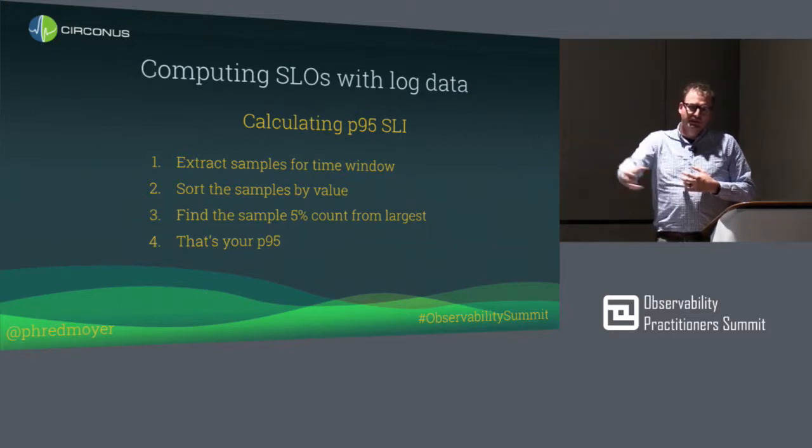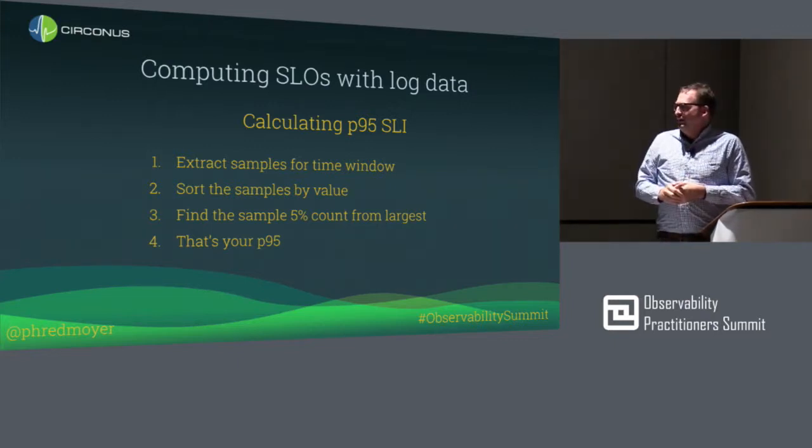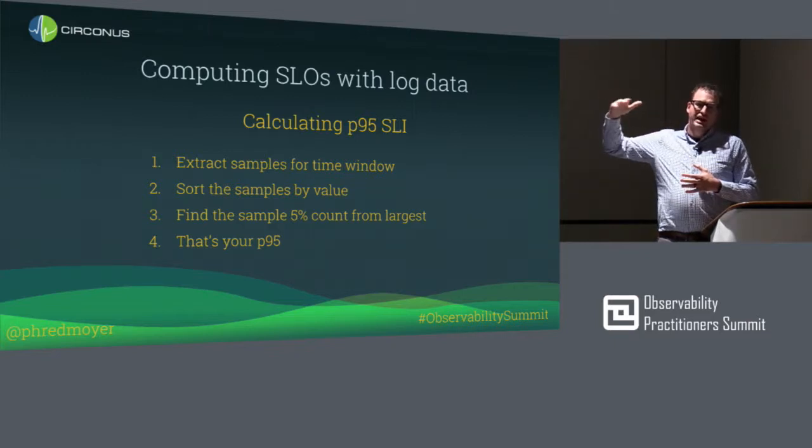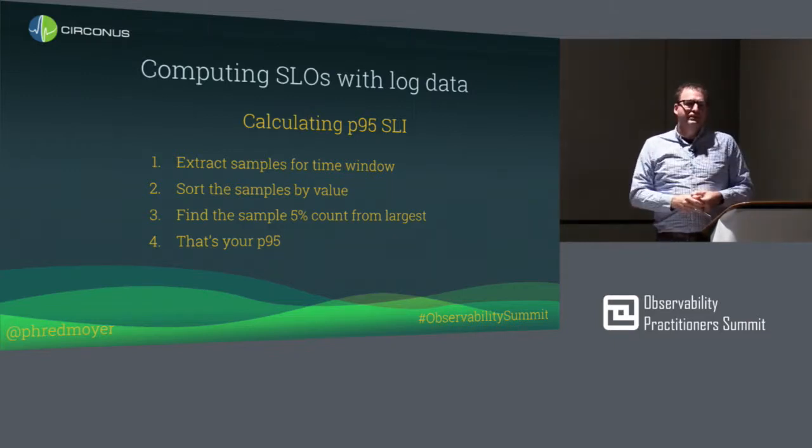All I have to do is specify a time window, say 24 hours, sort all my samples by value, and then find the sample that is 5% by count from the highest sample. That's my P95. That's a very straightforward calculation to do.